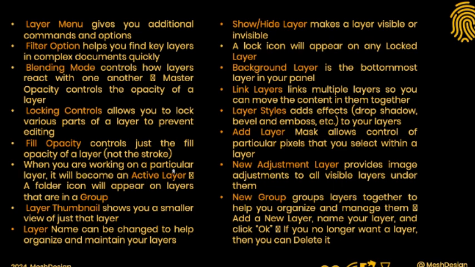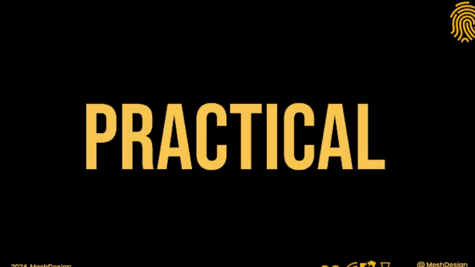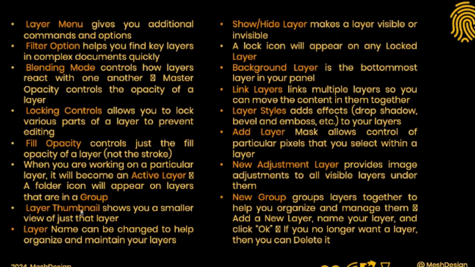When you are working on a particular layer, it becomes active, right? So the active layer is highlighted, and then the layer thumbnail shows a smaller view of just that layer, okay? And then the layer name can be changed, as I said, to help you organize and maintain your layers.